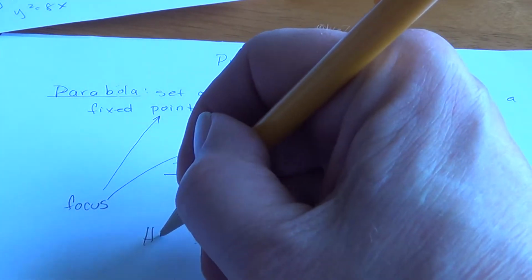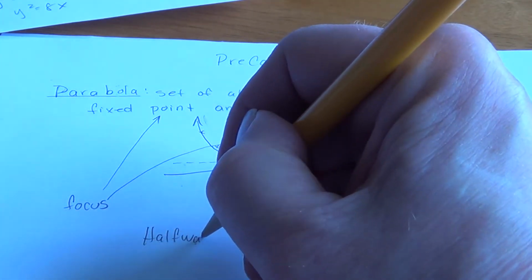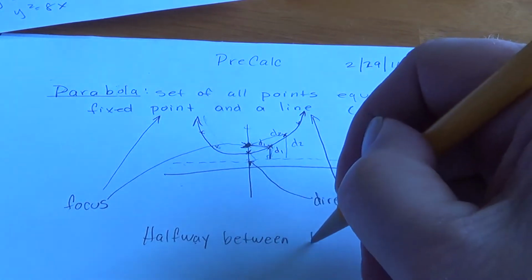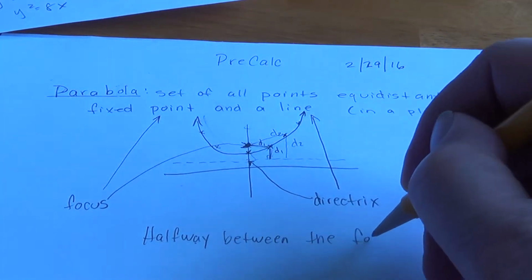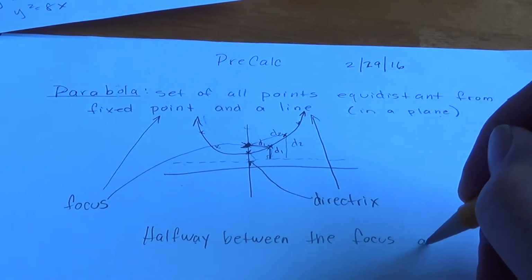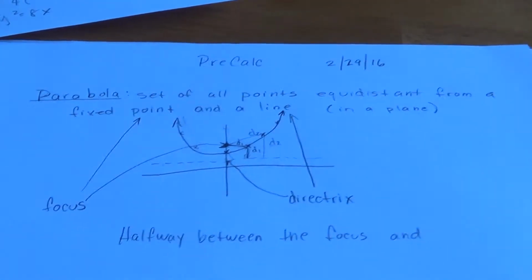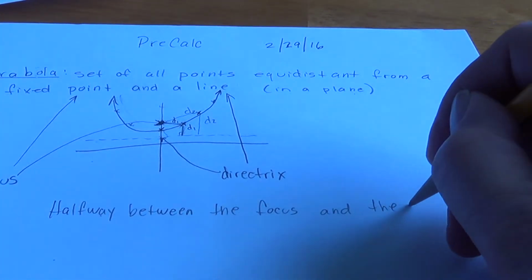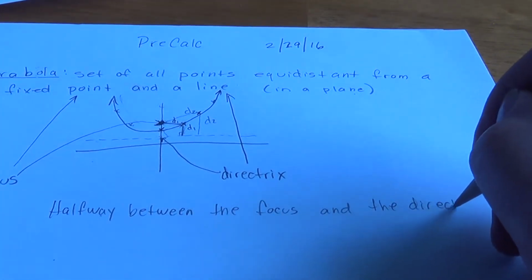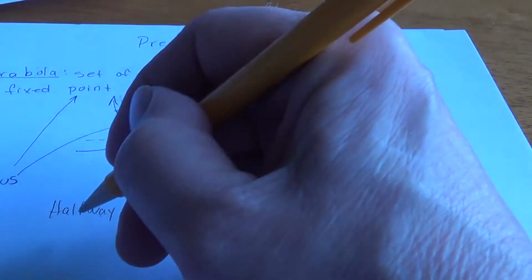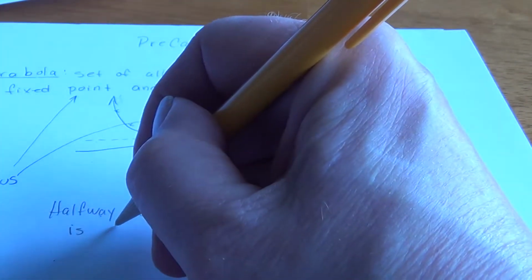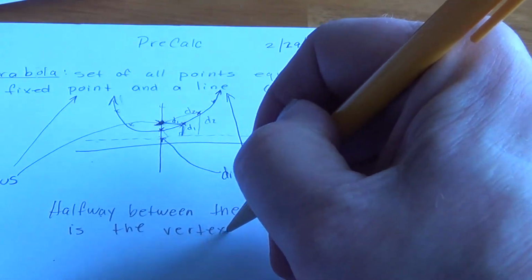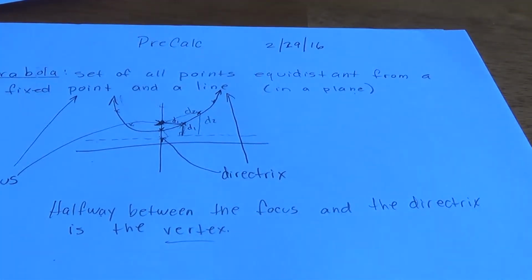So halfway between the focus and the directrix is the vertex. All right, and hopefully that makes sense to you.